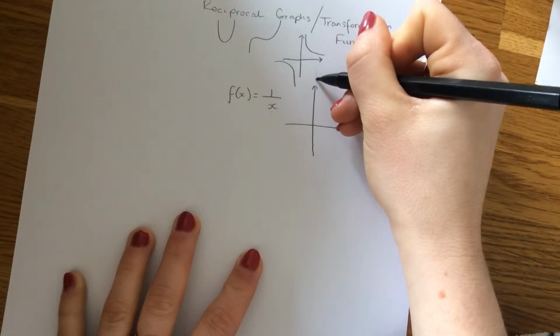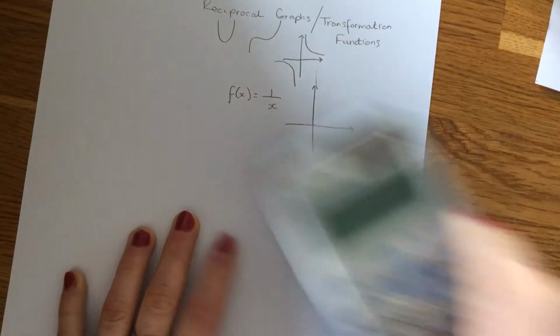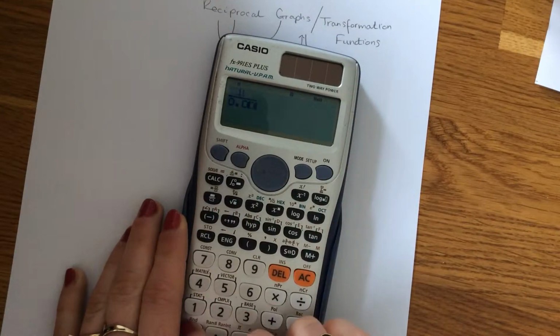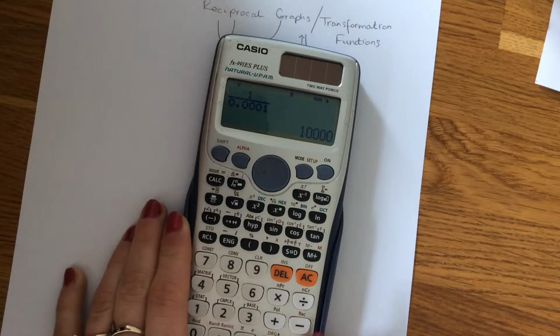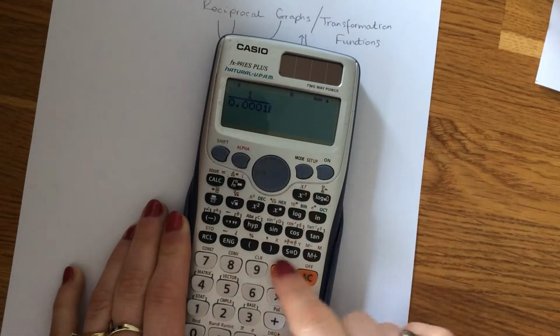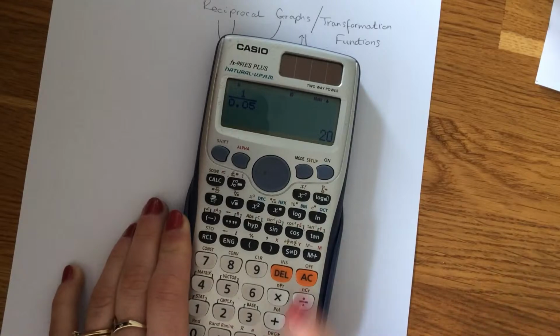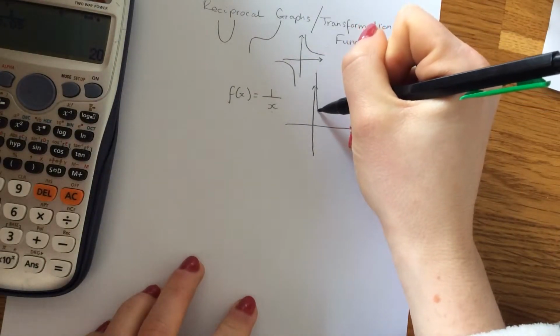And then as you start putting numbers in, let's try 1 over 0.0001, we're still at a really big number. If I get closer to 1, 0.05 gives me 20. And so we shoot down at a really, really steep rate.